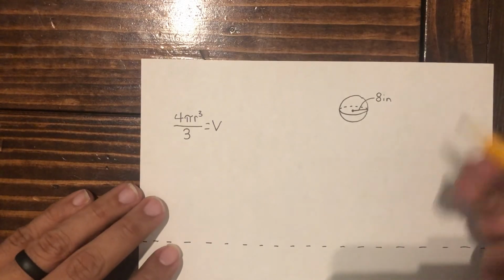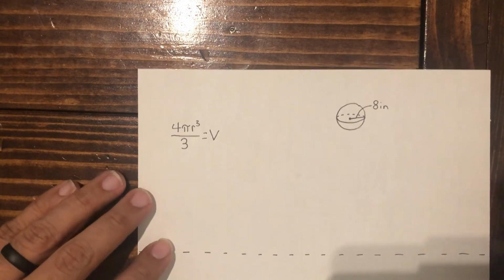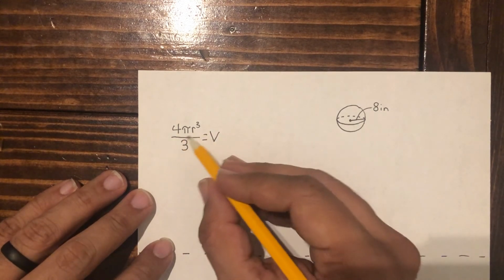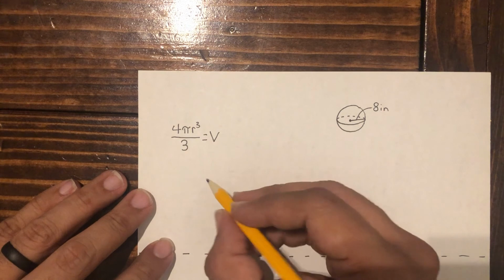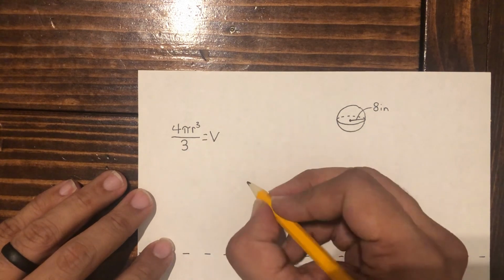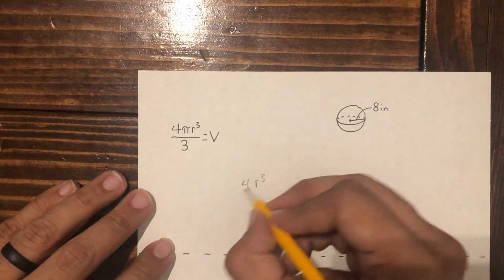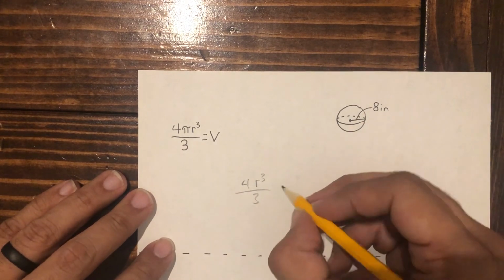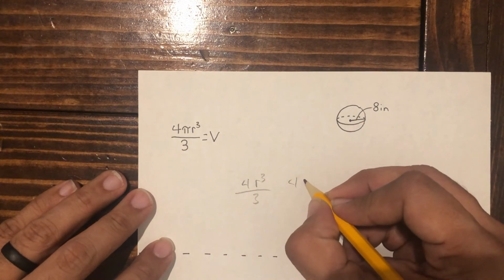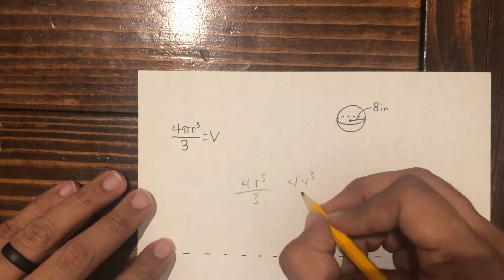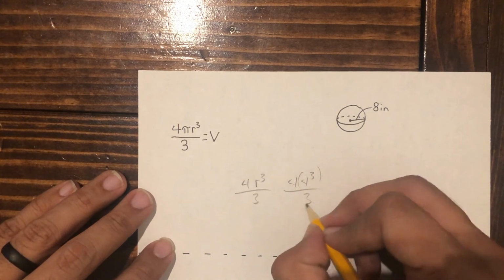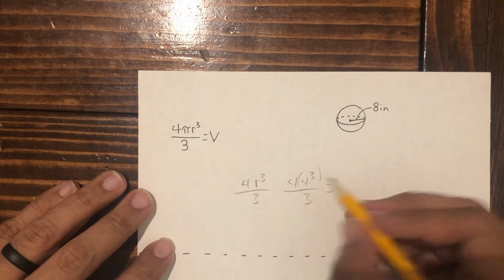Now let's do one more circle formula, and we are done. So this is volume of a sphere. Volume of a sphere, again, we're going to ignore the pi until the last second. So it's going to be 4 times r, which is cubed, divided by 3. So r is 4. So 4 times 4 to the third power divided by 3. So 4 to the third power is 64.